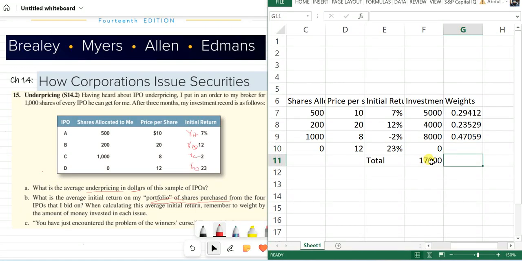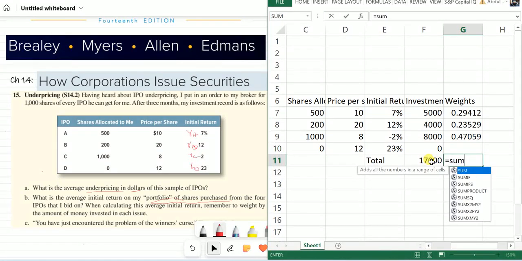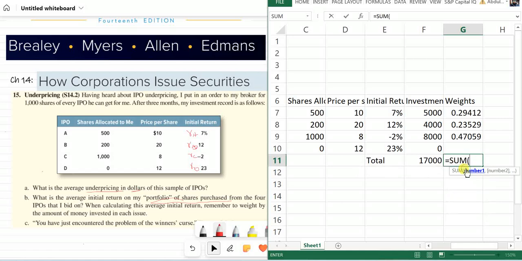We add up all these weights, and they should sum up to 1. So now we have WA, WB, WC, and WD, which of course is 0.